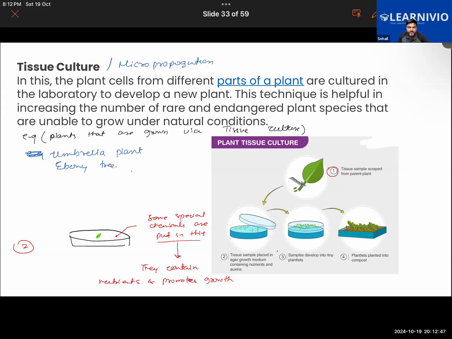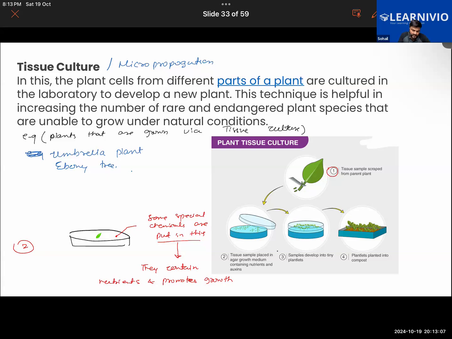Now further the question is, what are the advantages of this? One advantage of tissue culture is that we can grow the plants in a very short span of time. Other advantages include that we will be able to protect the endangered species of plants.